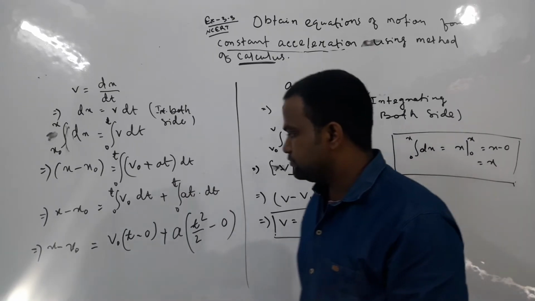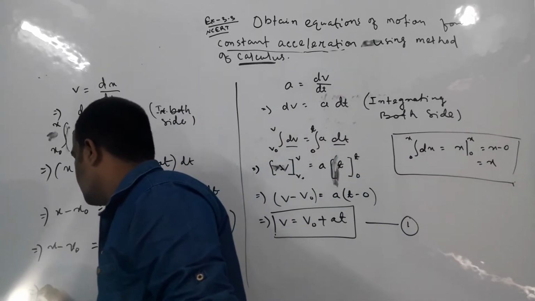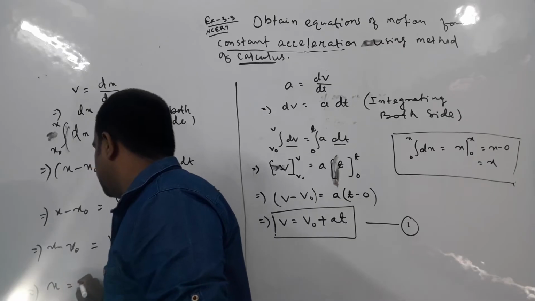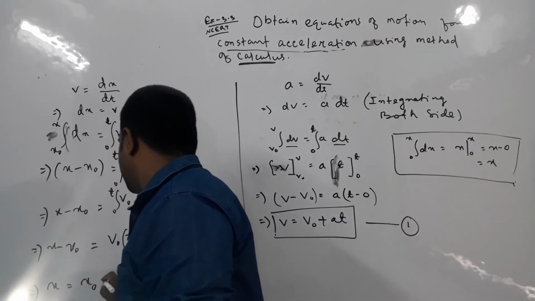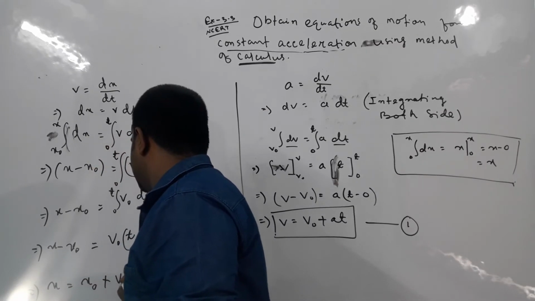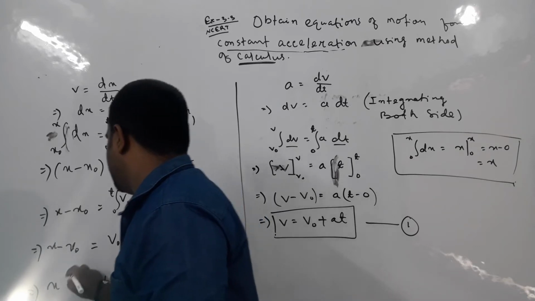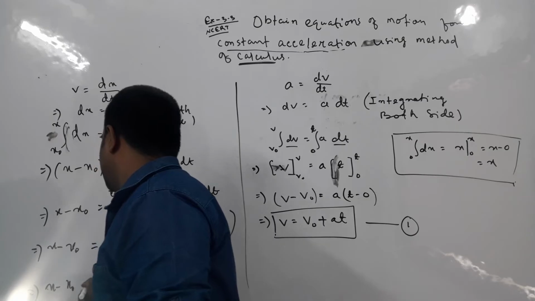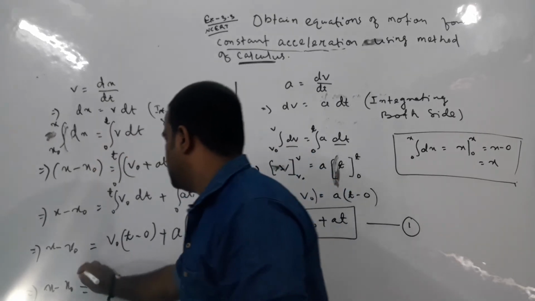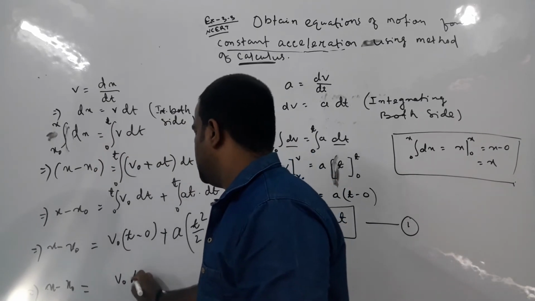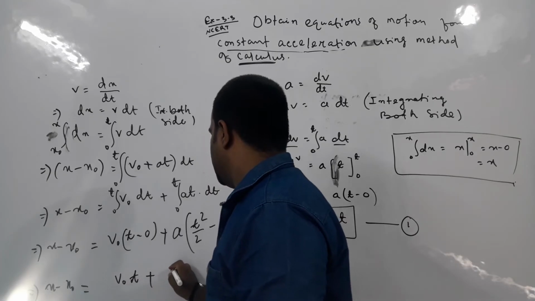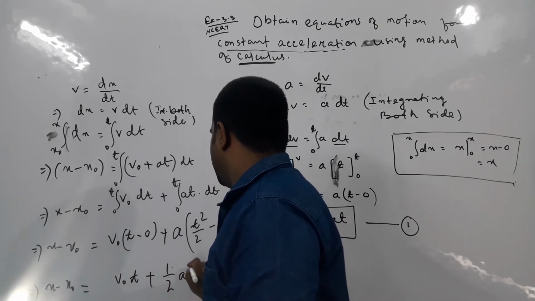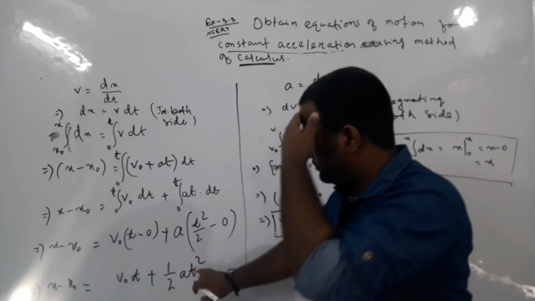So simplifying it, x minus x0 is equal to v0 t plus half at square.